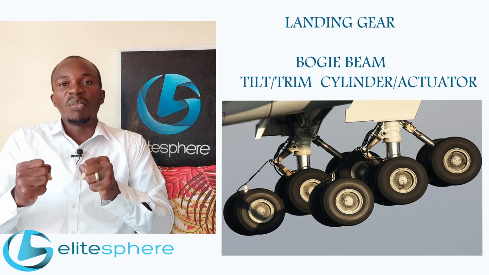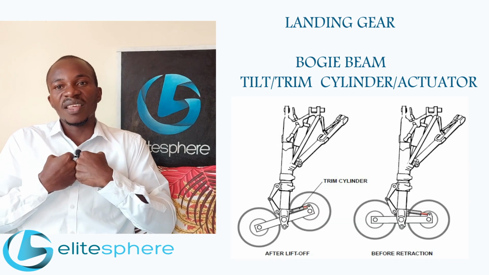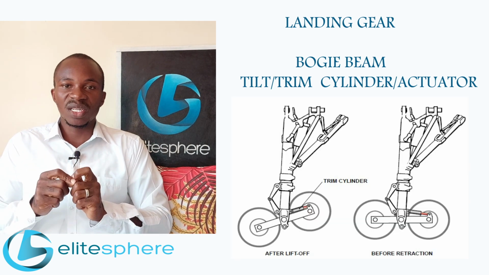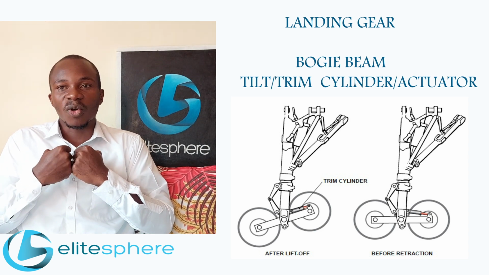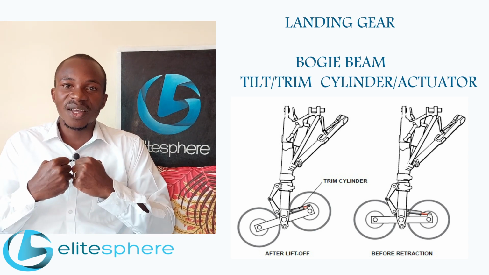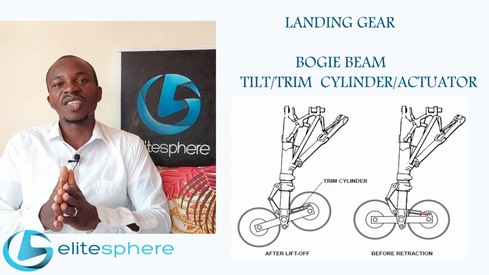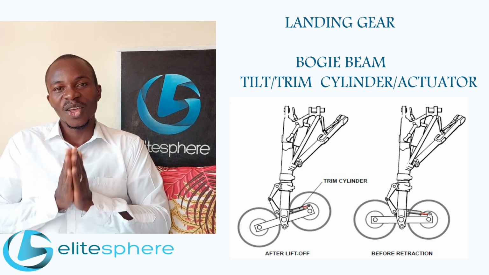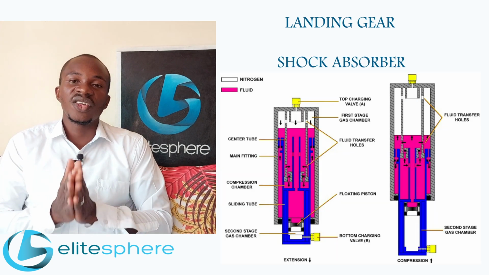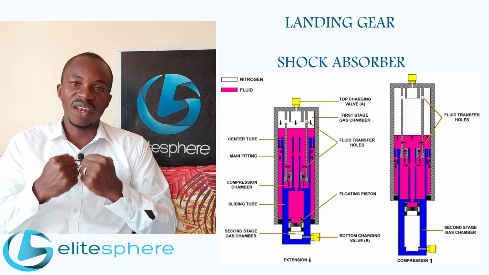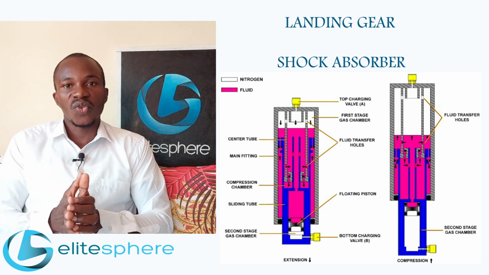This is to prevent the bogie from moving when the landing gear is retracted, as any movement of the bogie when it's retracted can cause the landing gear to get stuck during extension, thus preventing the landing gear from being extended.